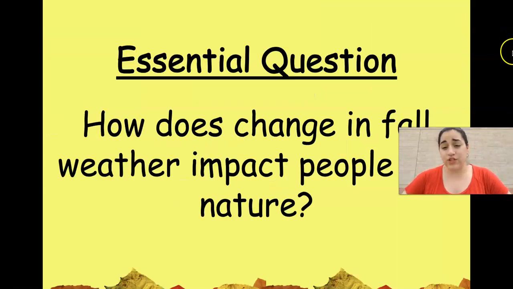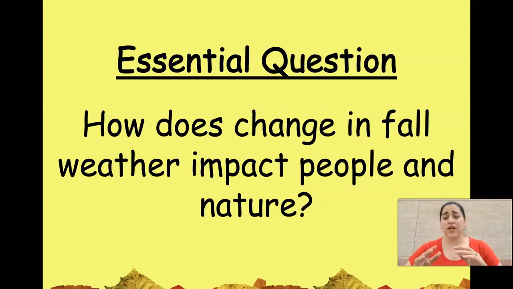Our essential question. Remember, this is our big question, and we cannot forget about this question even though we're already answering some focusing questions. Our essential question is, how does change in fall weather impact people and nature? Think about this question. Remember, impact is when you change.